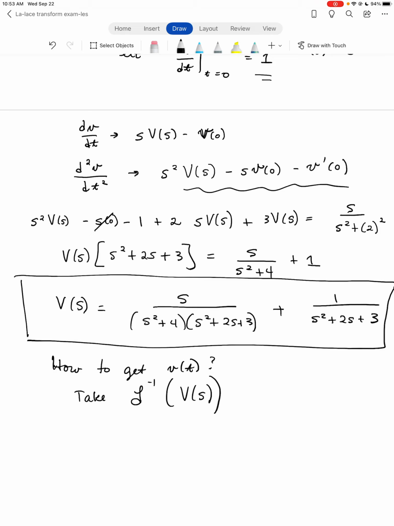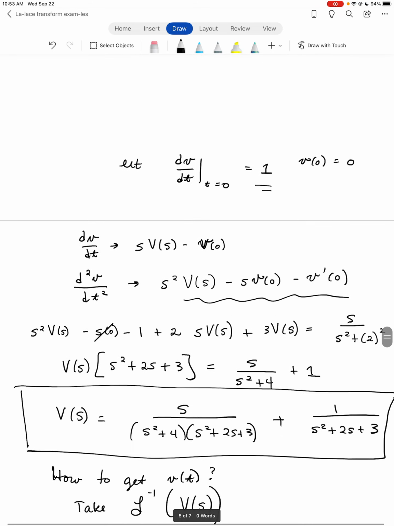We're not going to do this right now because I want to first discuss how to take an inverse transform, but I wanted to point out that the equations we're going to look at are where they come from.